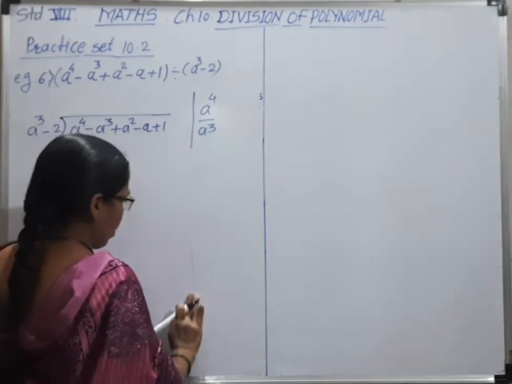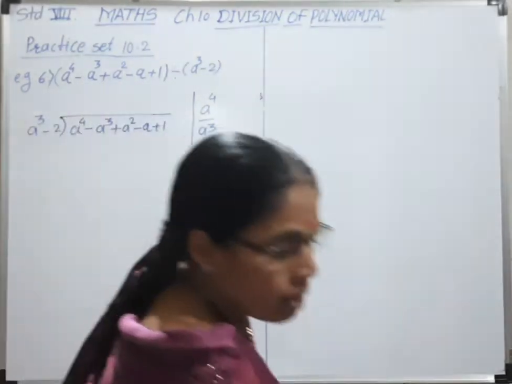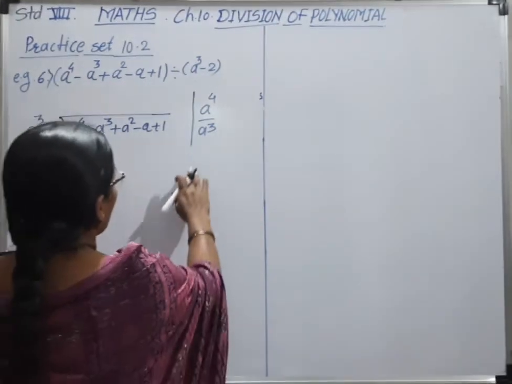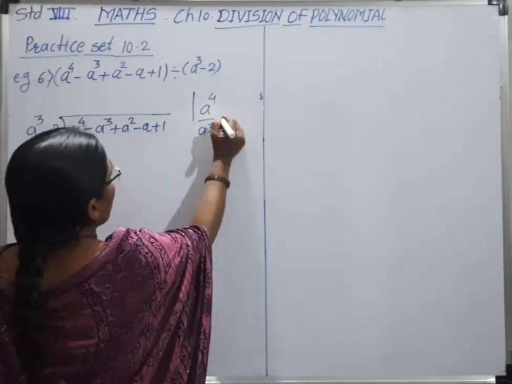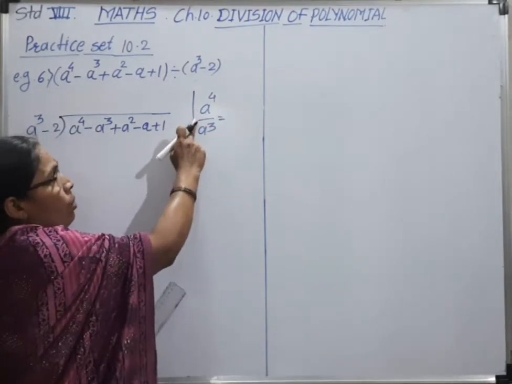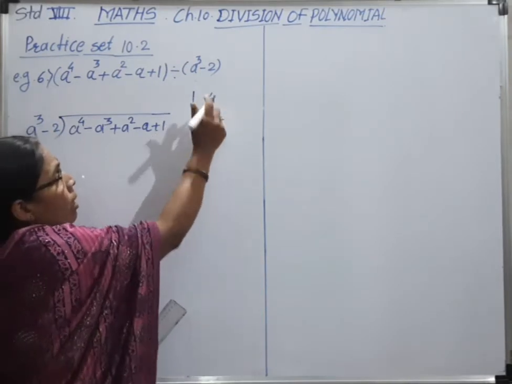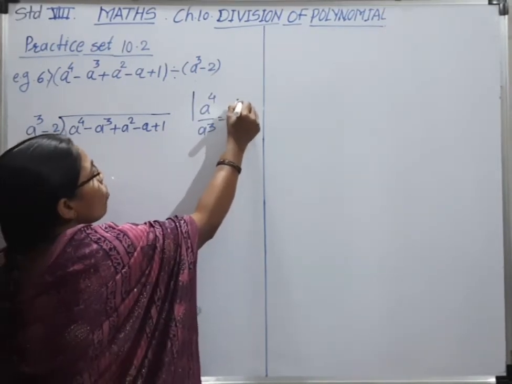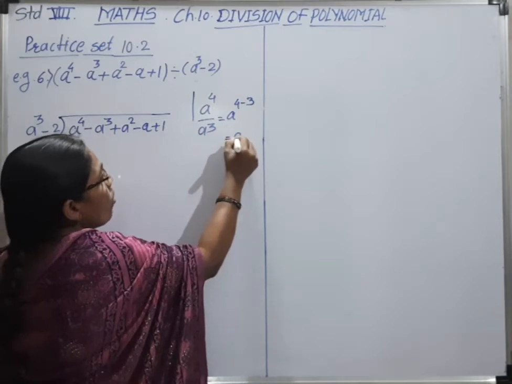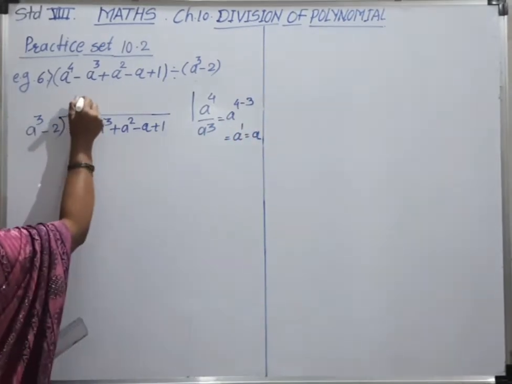As we know, when the base is the same and we divide, we subtract the indices, that is a raised to 4 minus 3, which is a raised to 1, which is a. So here it will come a only.